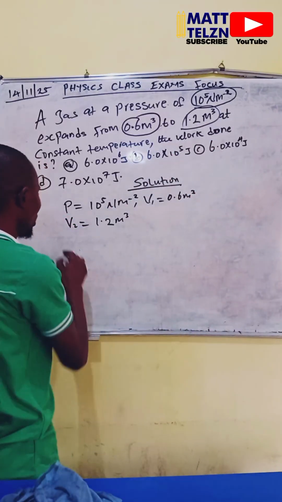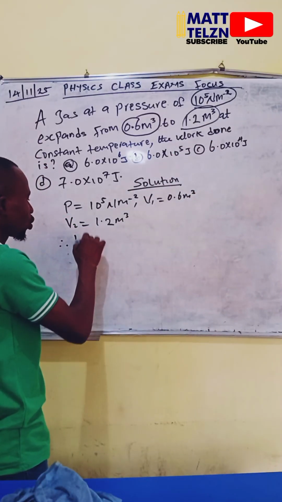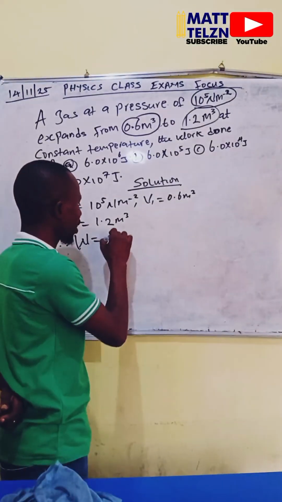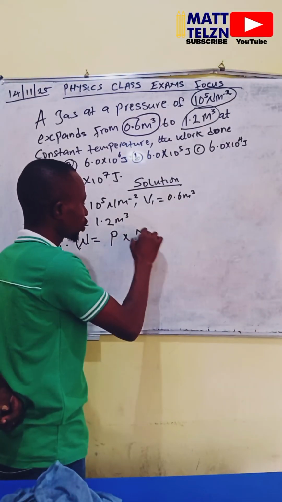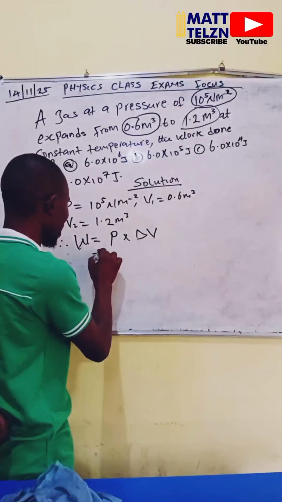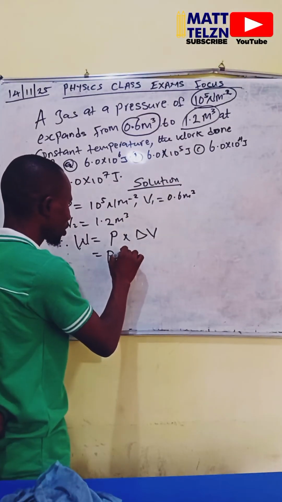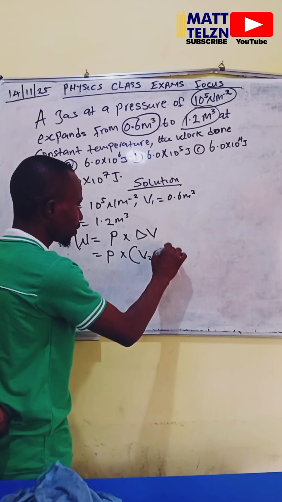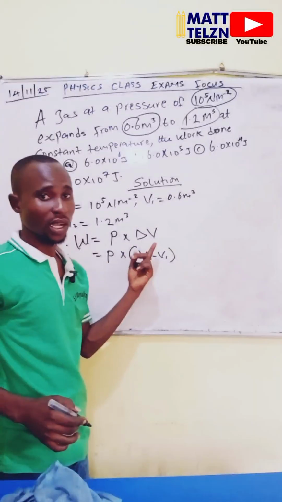Calculate the work done. Therefore, work done is equal to pressure times change in volume, right? This can be expressed as P times open bracket V2 minus V1. This is how to express our change, right?